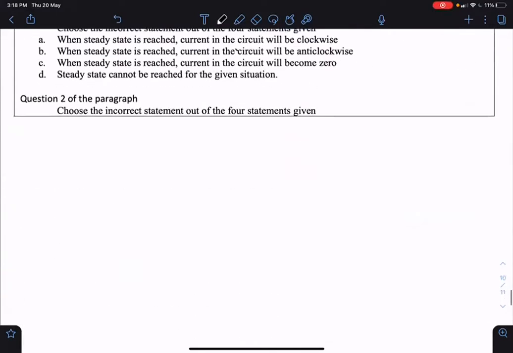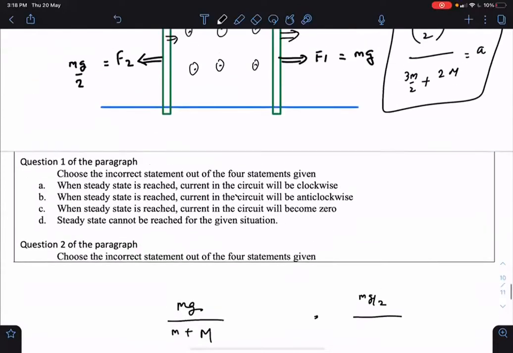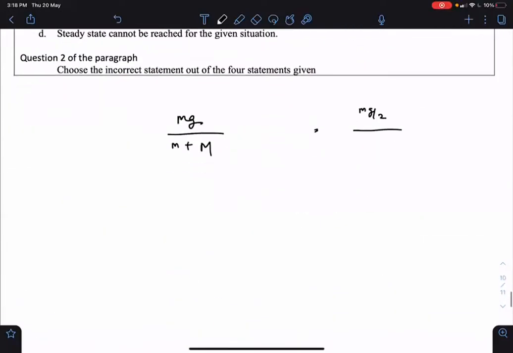So what are their accelerations? mg divided by m plus m, or mg by 2 divided by m by 2 plus m. So let us say one is greater than the other.